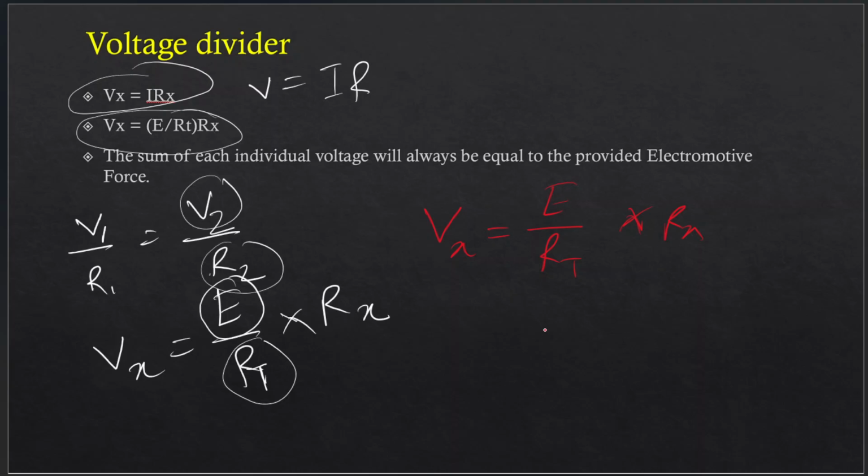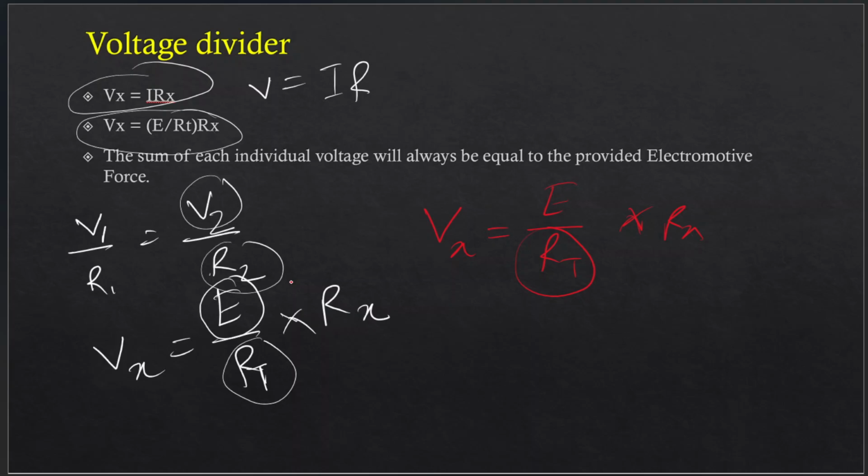So if we want to find the individual voltage for a resistor in a parallel circuit, that is the same as the total voltage of the parallel circuit. But if we want to find the individual voltage of a resistor in a series circuit, then we use this voltage divider rule, where this RT is the total resistance of the series connection of the circuit.